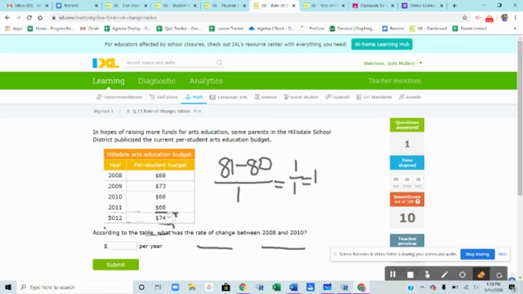All right, in the hopes of raising more funds for the arts education, some parents in the Hillsdale School District publicized the current per student art education budget. We have our table here that lists all those. Sorry, this is a terrible eraser for this.